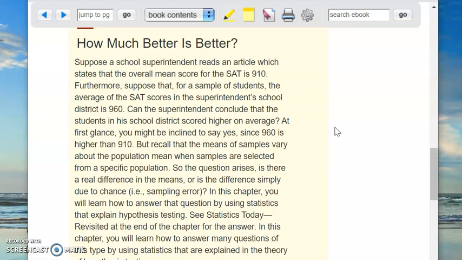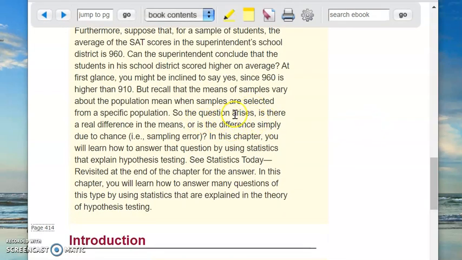So you don't know just because of the raw scores, just because the number is higher than the other. That is not a scientifically sound conclusion to say that your mean is better than the other mean. Okay, so the question always arises: is there a real difference in the means, or is the difference simply due to chance, i.e., sampling error? Remember, sampling error just means that we're taking a sample, so we're not measuring the entire population.